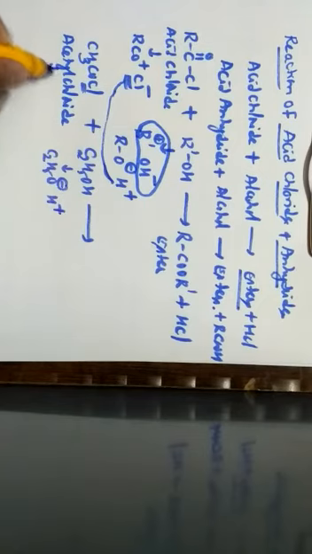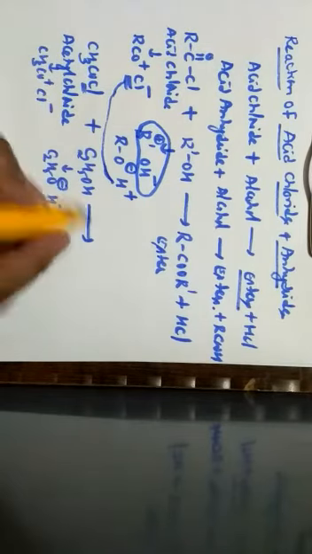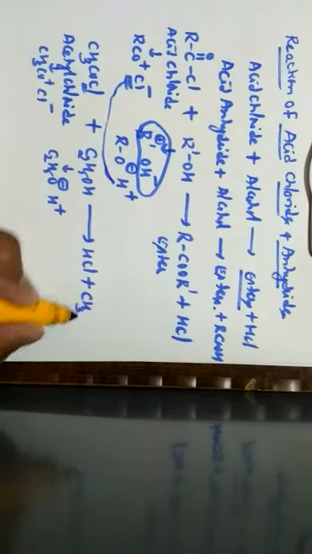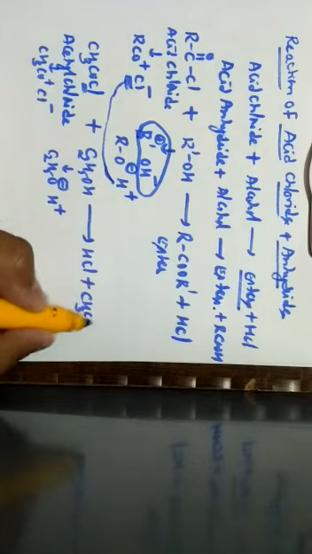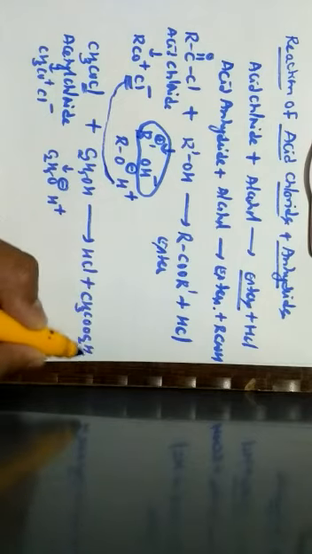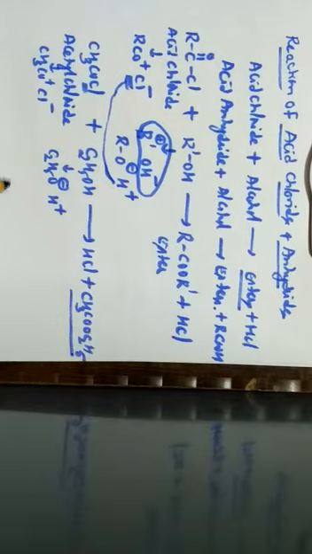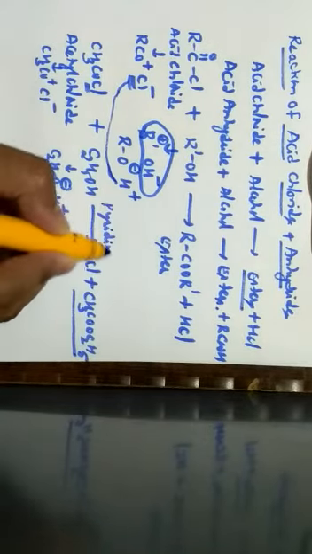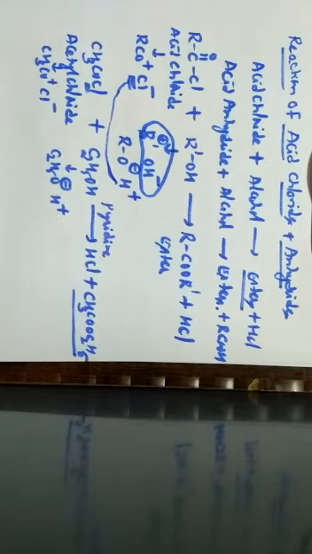C2H5O minus and H plus. This forms CH3CO plus and Cl minus, so that we are going to get HCl along with the formation of CH3COOC2H5, which is known as ethyl acetate. But this particular reaction takes place in the presence of pyridine solvent.